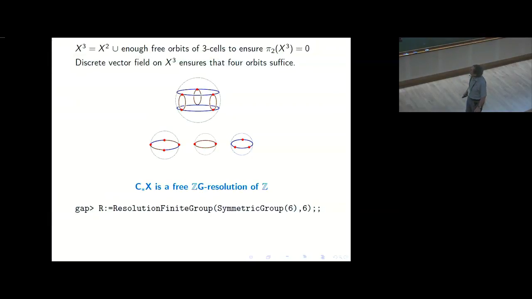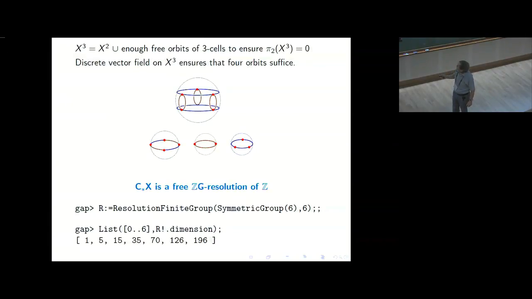And if you want to access it, all you have to do is give it your finite group, say up to what dimensions you want to calculate, so 6, we'll stop at 6, and you say R equals resolution, and then this is, well, we're going to do something that uses no information about the group other than it's finite, so it's not very sophisticated, but it builds a resolution, and it actually builds this number of cells, and in fact there's a nice pattern there, so it finds a nice number of cells. If you look at that, you can make sense out of those numbers.